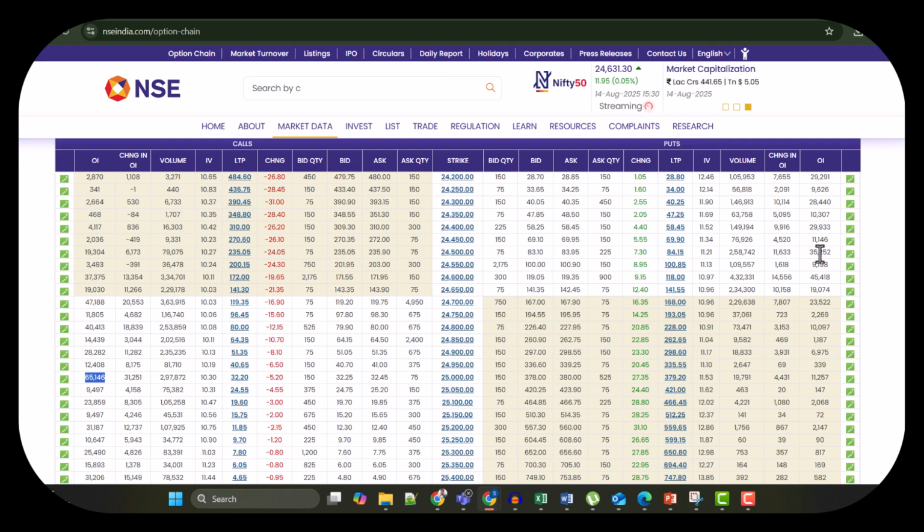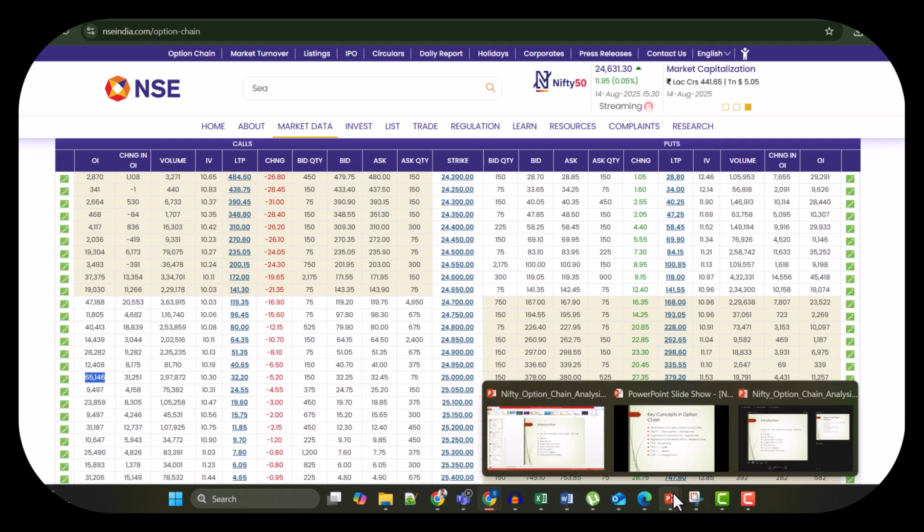Resistance zones, calls. At the 24,700 strike, call OI is very high at 47,188 contracts. This is the immediate resistance level. At 25,500, call OI is even higher, around 64,146 contracts. That makes 25,500 a major resistance and also a psychological barrier.